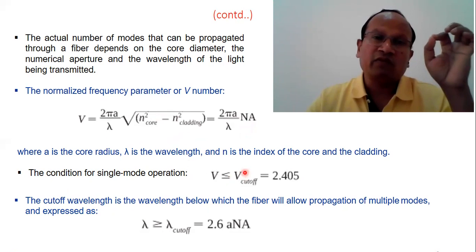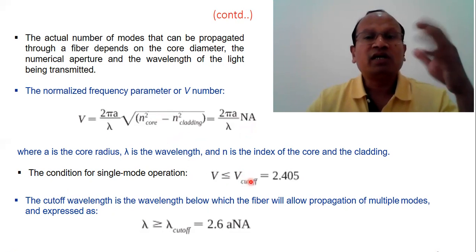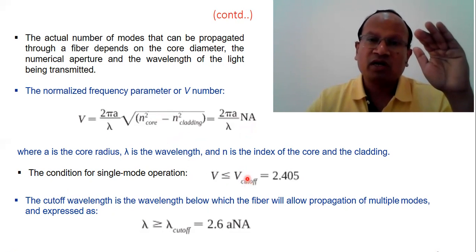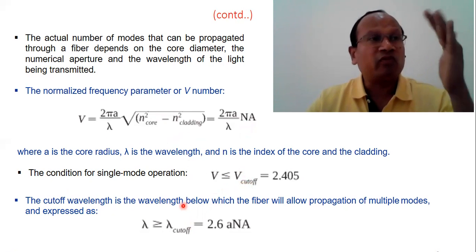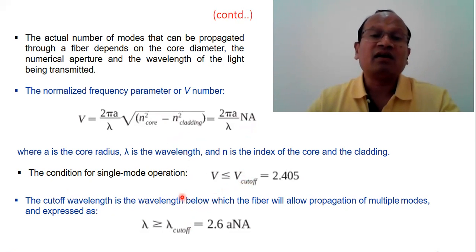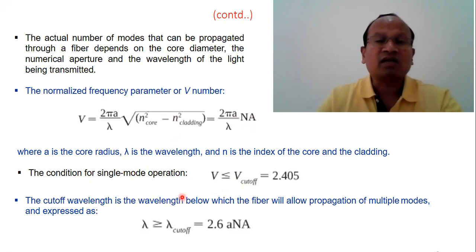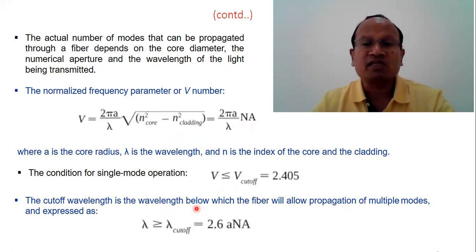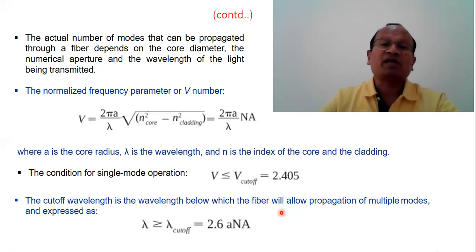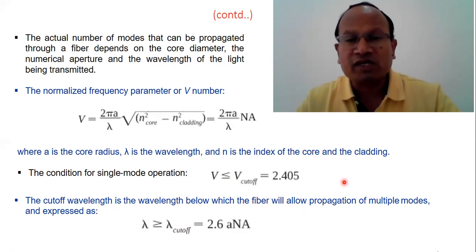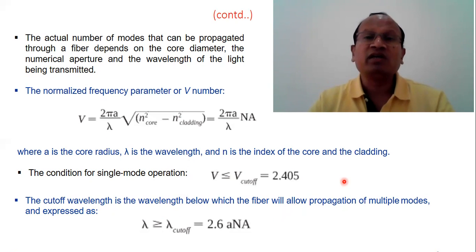If the V number is less than the cutoff value, it's single mode, otherwise multiple mode. In terms of wavelength, if the wavelength is greater than the cutoff wavelength, below which the fiber allows propagation of multiple modes, otherwise there will be single mode propagation.